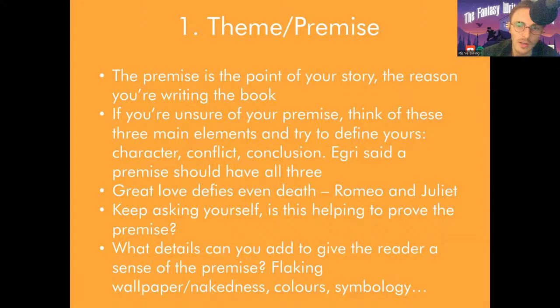As an example, let's look at Romeo and Juliet. The theme of that story is great love defies even death. If we break that down, great love represents character, defies suggests conflict, and death is our conclusion.